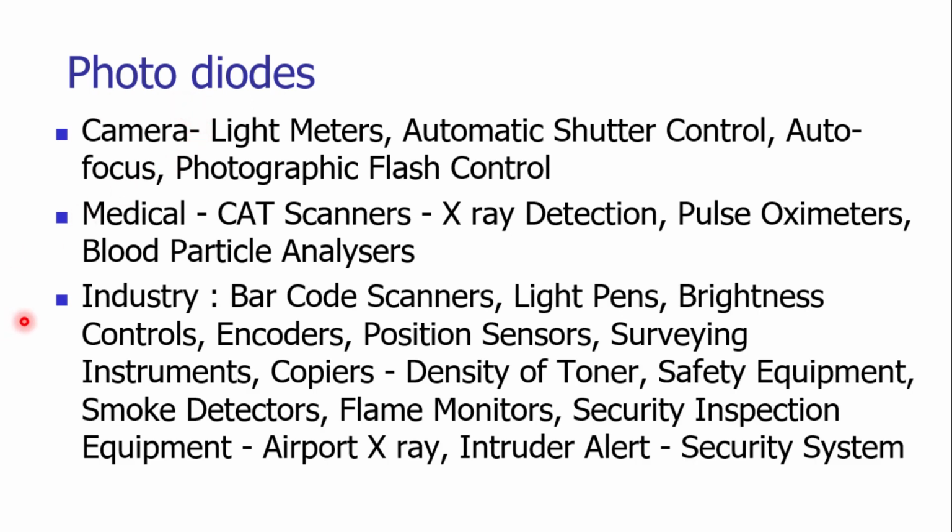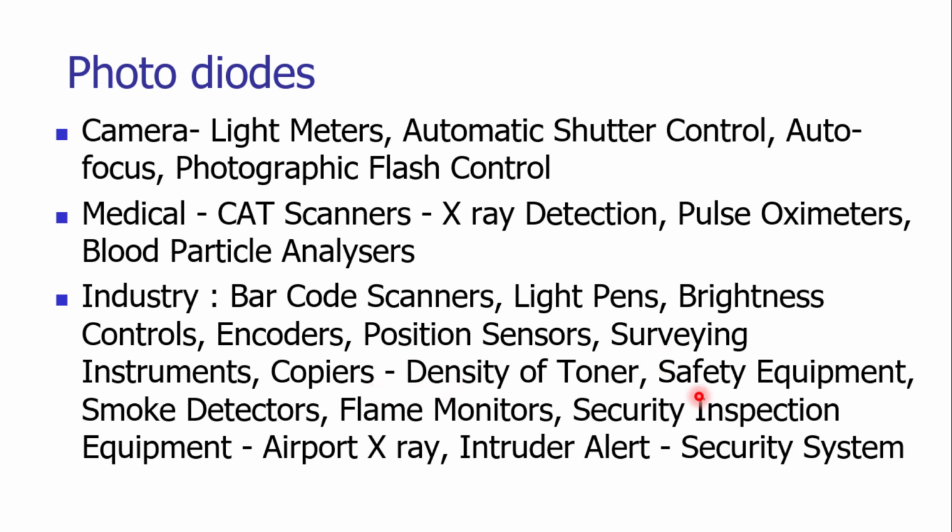Moreover, in the automation industry, photodiodes are used for scanning purposes, to control the brightness, for encoding purposes, and to measure the position. They are also used in surveying instruments and copiers, to measure the density of toner.